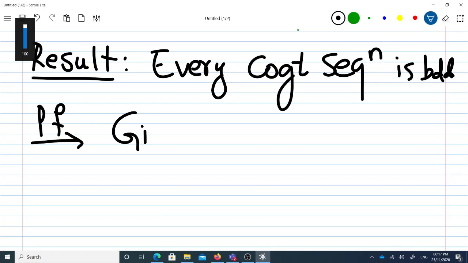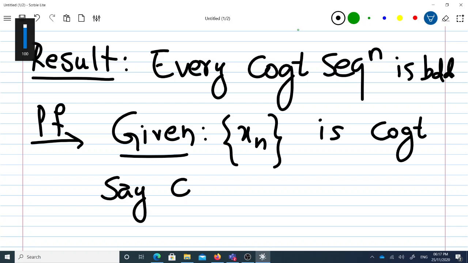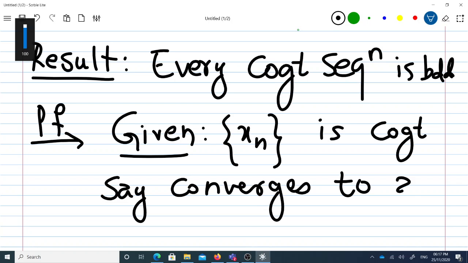It is given that the sequence xn is convergent, say converges to a real number p.